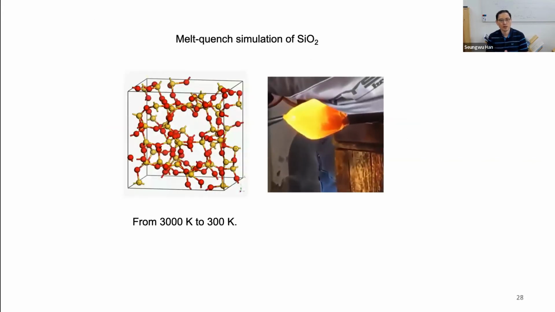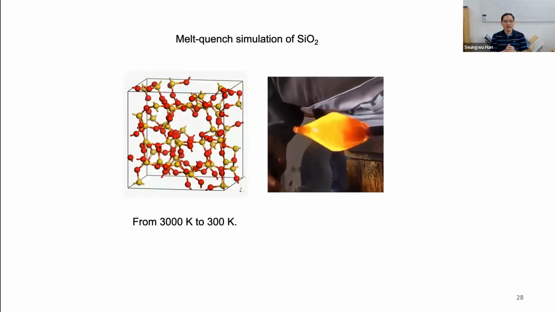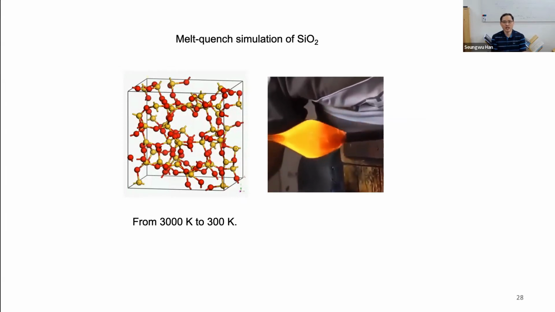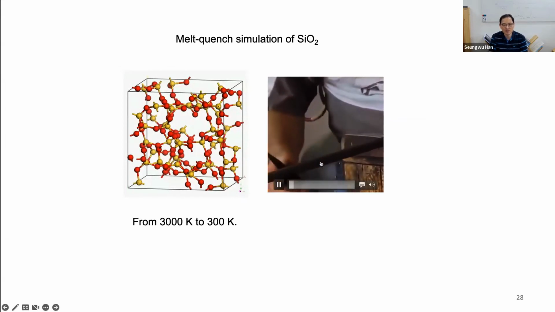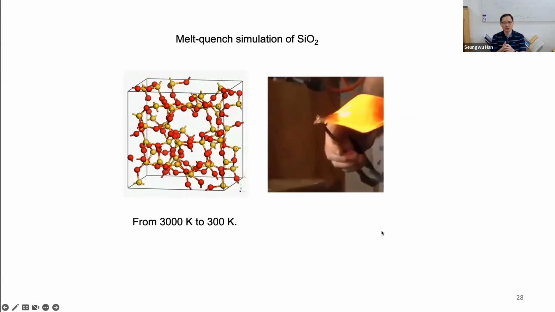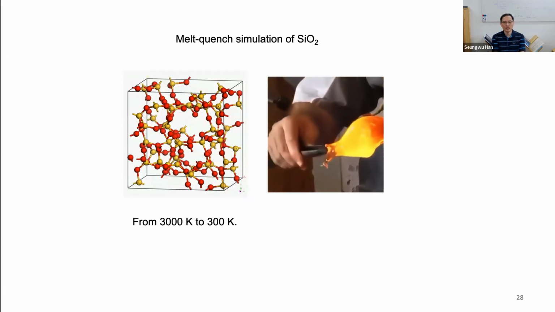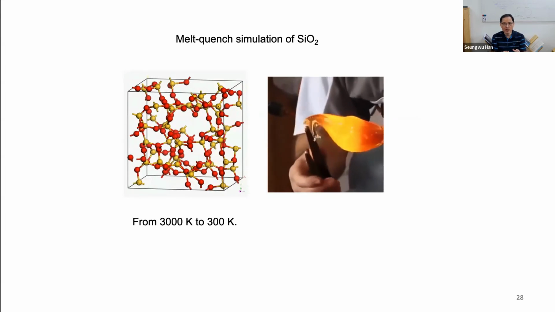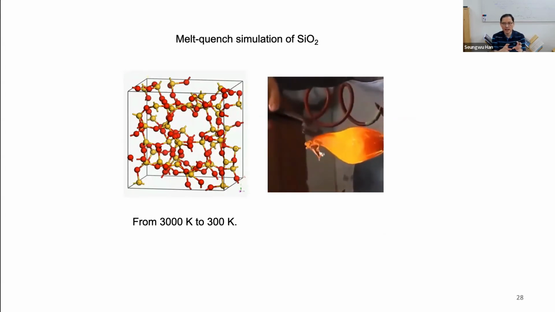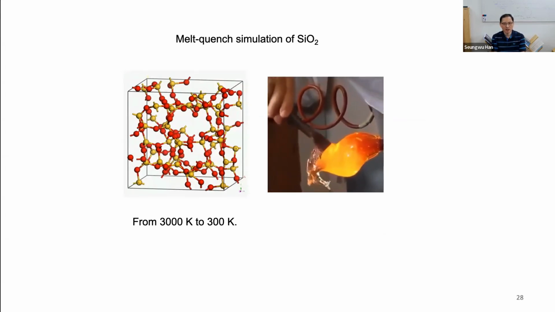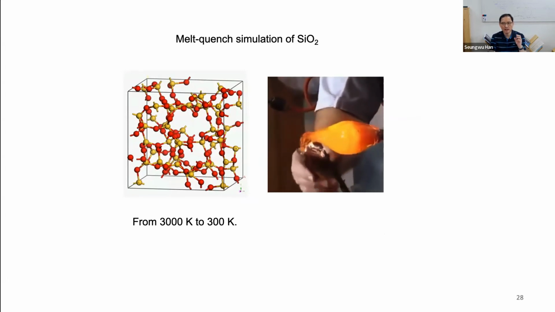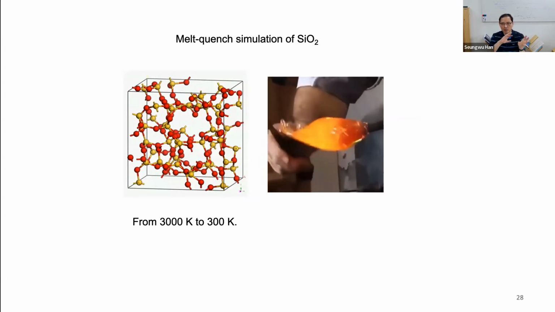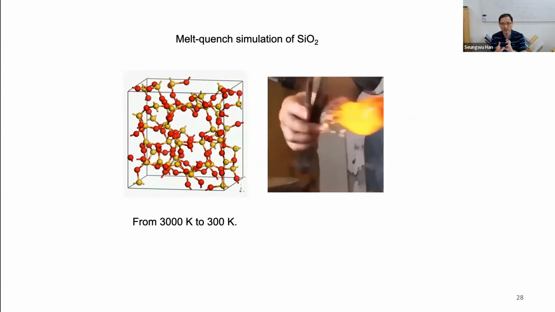All right, so this is an example of the melt-quench or amorphous simulation. Maybe you have seen this kind of glassware making, where you melt the glass, and then as it cools down, you can make any kind of shape, because this amorphous structure has a very high structural flexibility.